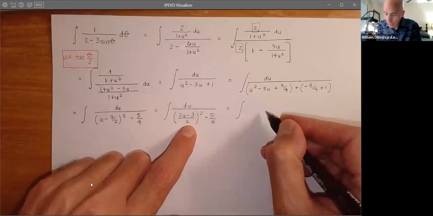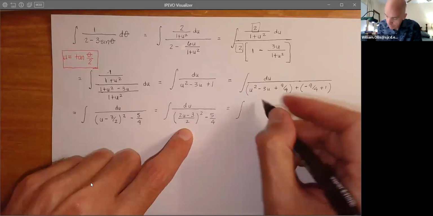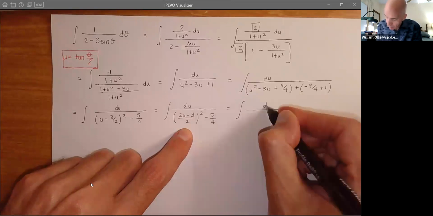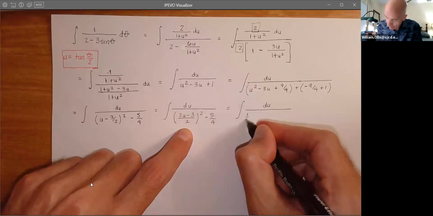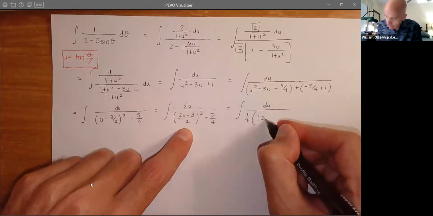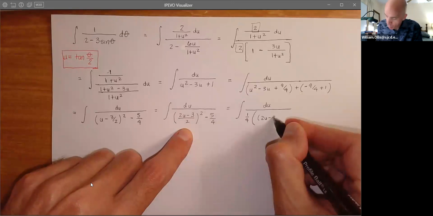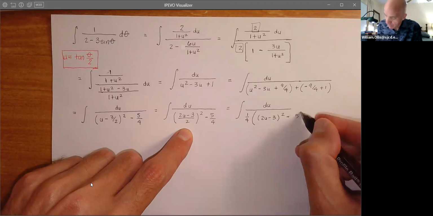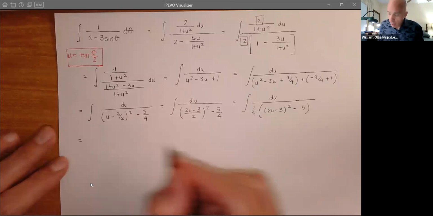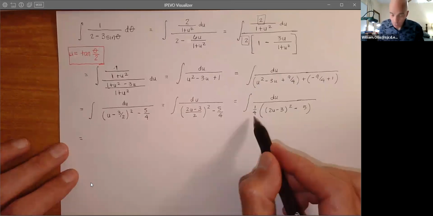So we can factor the 4 now. So this leaves us a 2u minus 3 quantity squared minus a 5. And now, of course, the 1 over 1/4 is just 4.